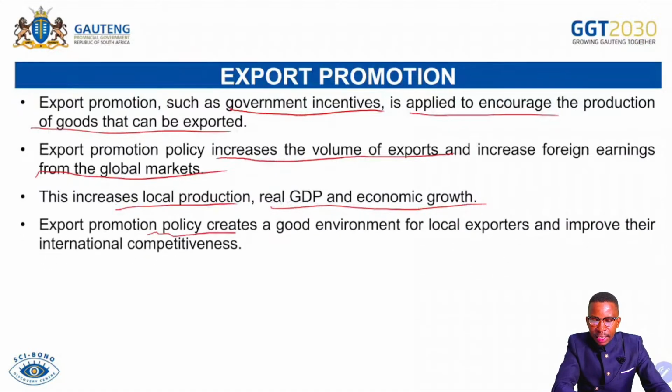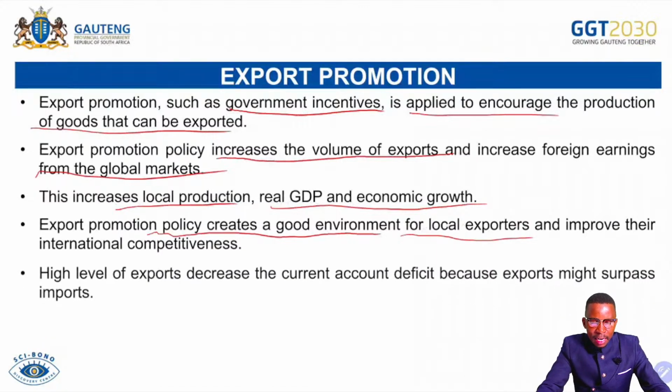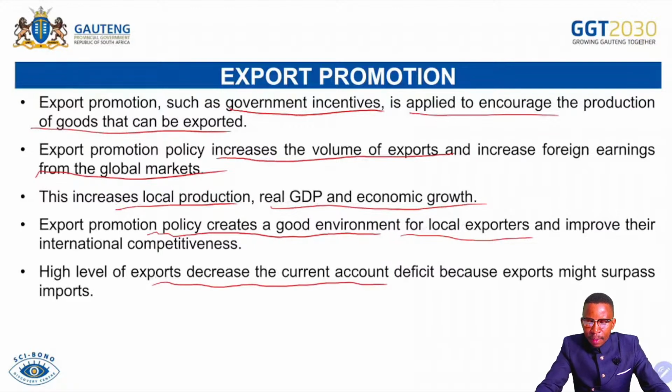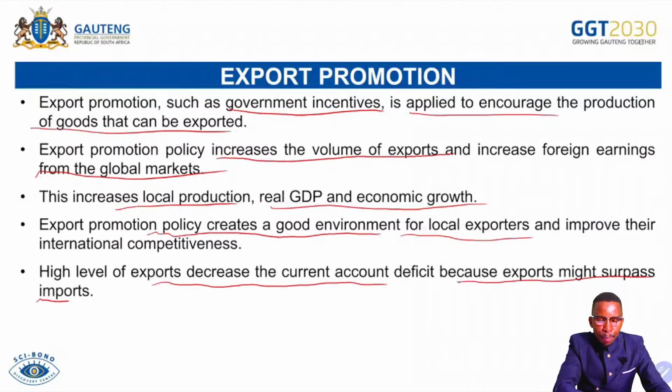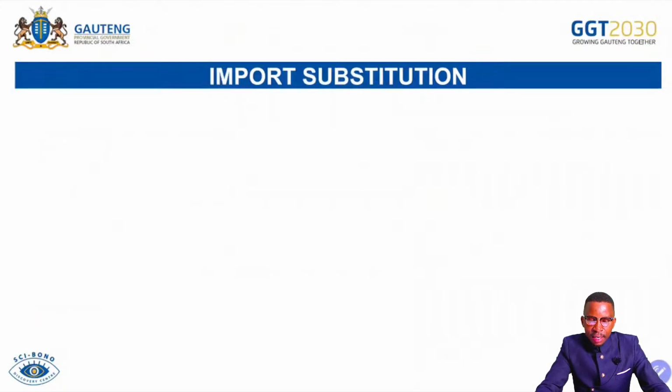Export promotion policy creates a good environment for local exporters to improve their international competitiveness in the global market. A high level of exports decreases the current account deficit because exports might surpass imports, meaning they can be greater than the imports, which will create a trade surplus.